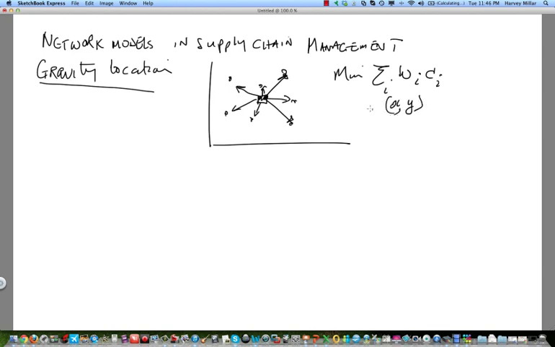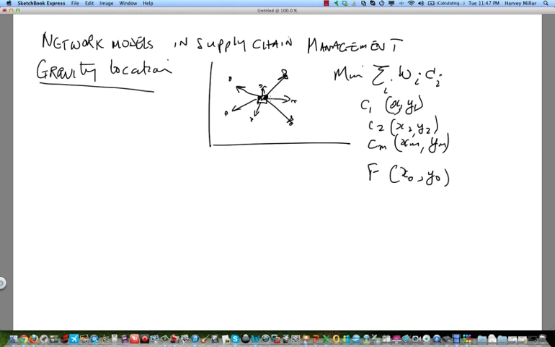So customer 1, for example, would have x1, y1, customer 2, x2, y2, customer M, xm, ym, and so on. These could be the coordinates, and then we could say, let us locate the facility at x0, y0.